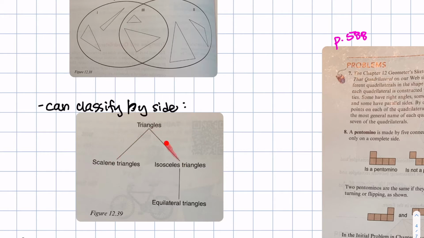So it falls into one of these 2 groups. If it's isosceles, it means 2 of the side lengths are the same. It could actually still be equilateral, meaning that the 3rd side length is the same.